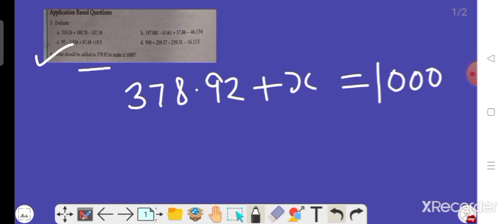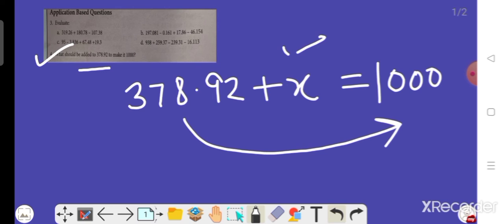So we have to find this x, beta, to solve question number 4. Now look here. To find the value of x, we can move this decimal number to the right side of the equality. Here this is positive. After moving to the right side of the equality, this will become negative.